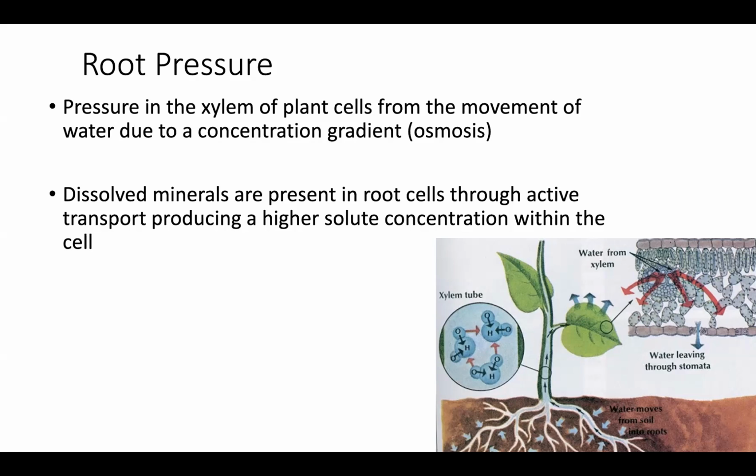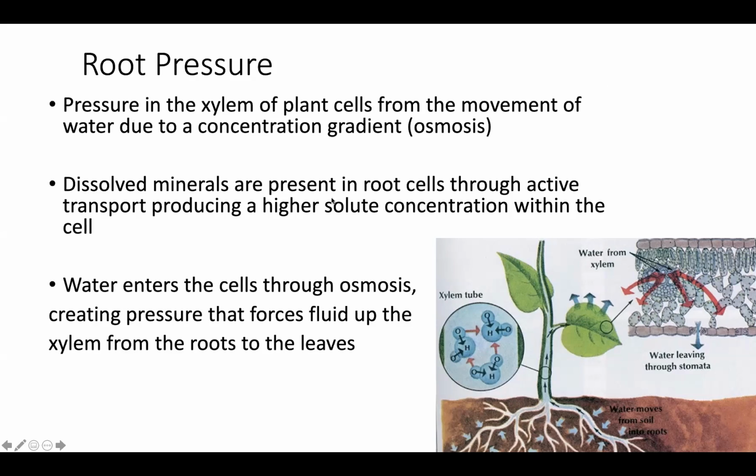So this will create a higher solute concentration within the cell. And if we have higher solute concentration inside the cell, that is going to help water move into the cell because it wants to reduce that concentration gradient. So water enters the cells through osmosis.